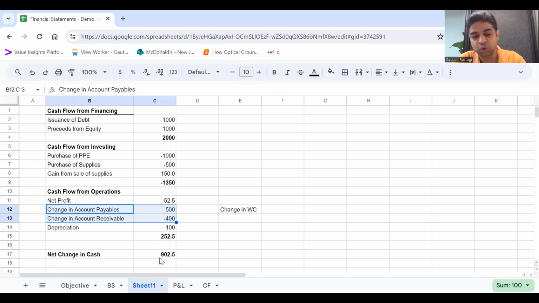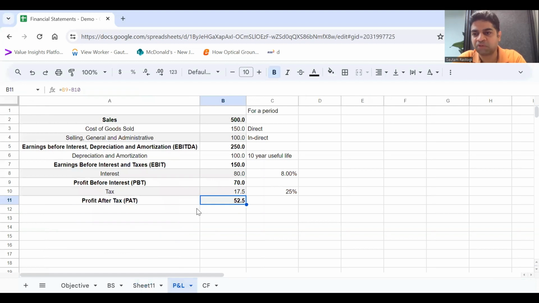So even though you could be reporting profits, it would not be backed up by cash, because you're not being paid. That's why it's very important to check the cash flow statements and not just go by the profitability that the company is reporting year on year.